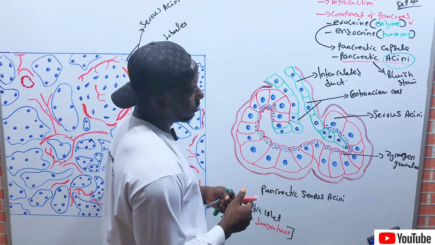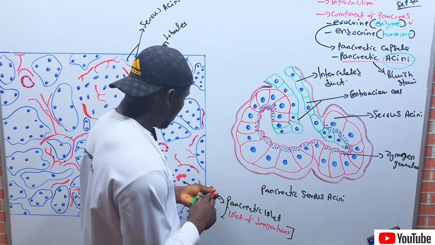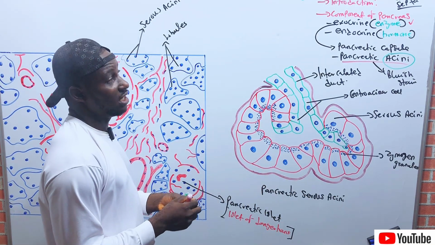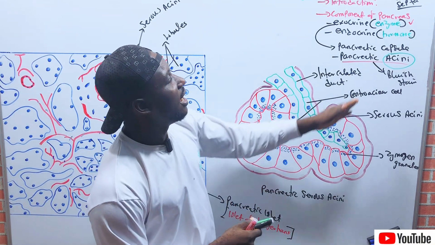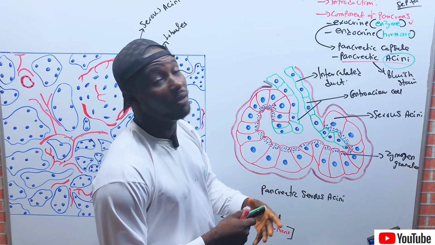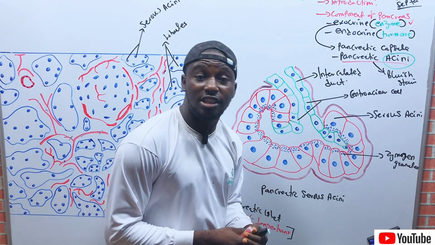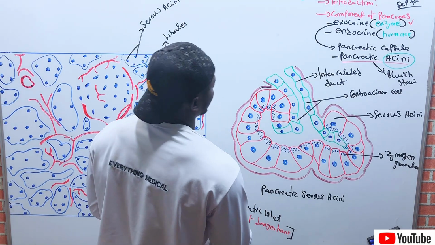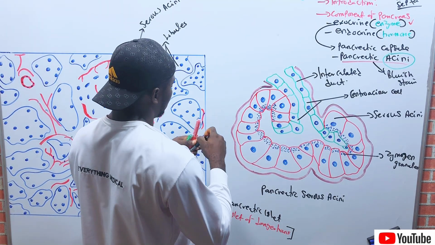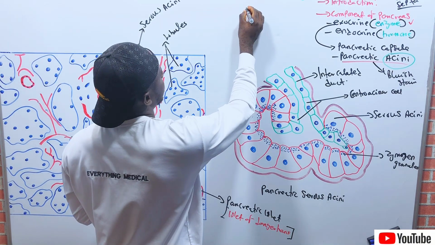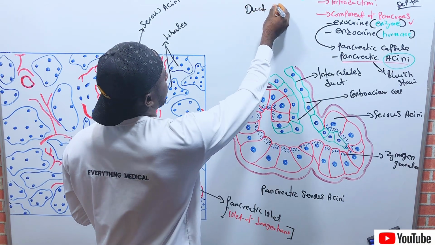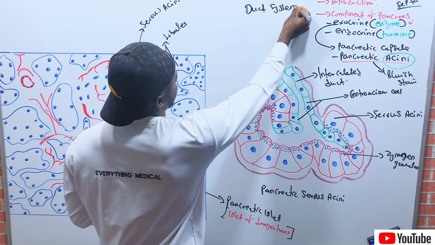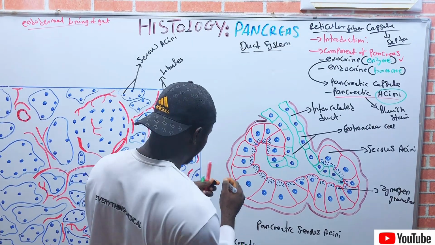The next outline we shall be discussing under the exocrine component of the pancreas is the duct system of the pancreas.